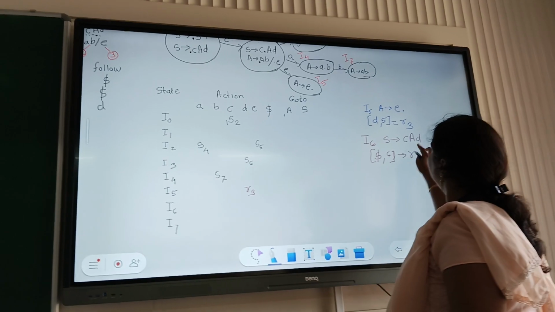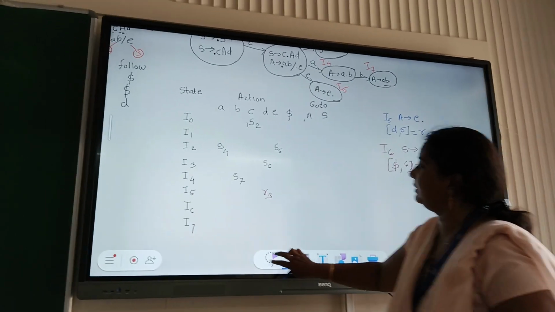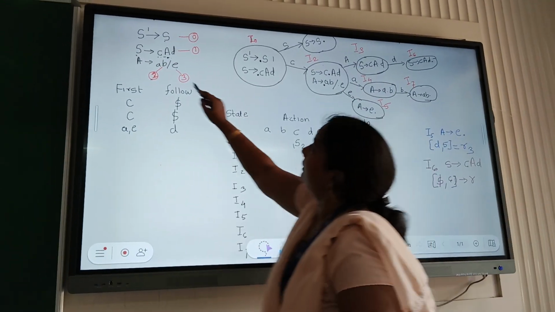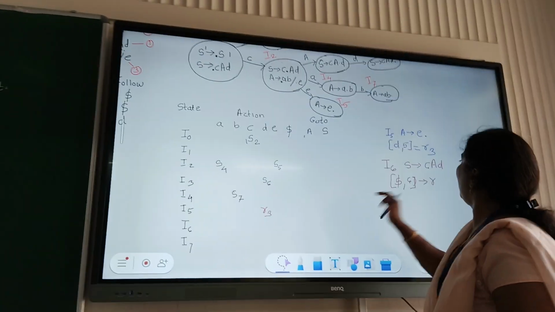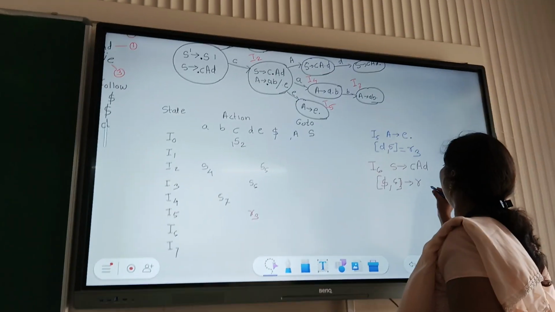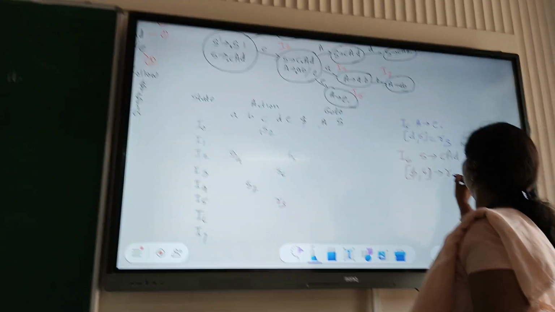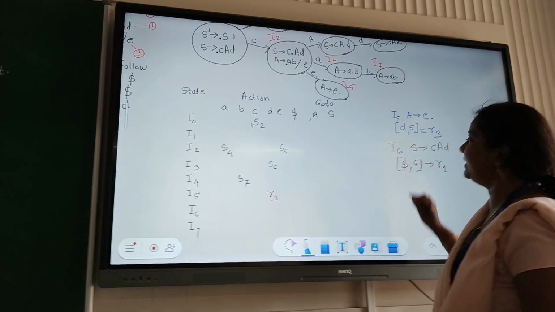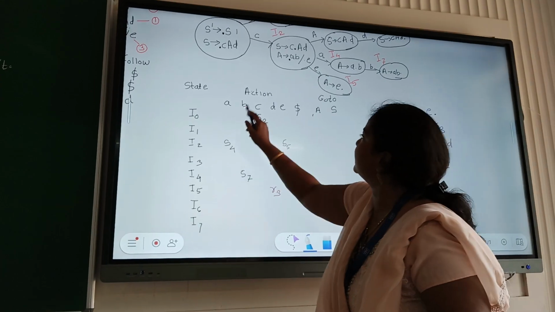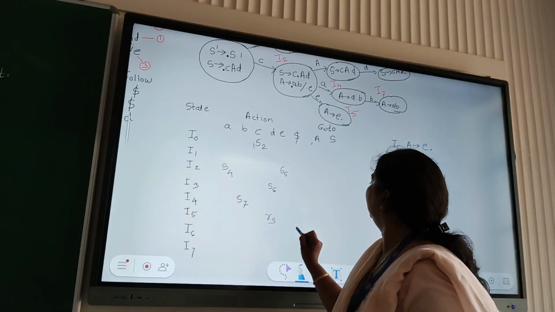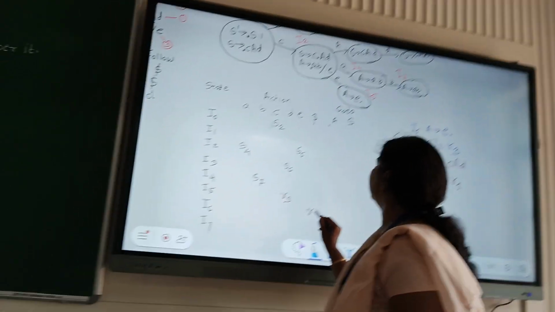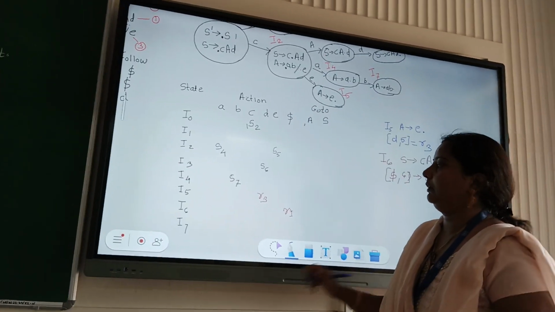Then who produces this combination? The number is given as a 1, so R1. And where to write this one? Dollar of 6 means dollar of 6 here. The number is given as R1.